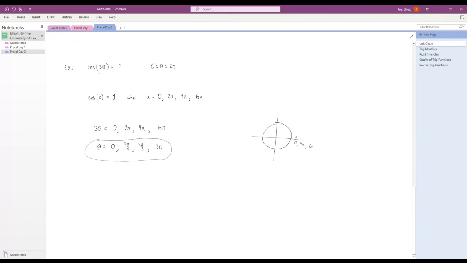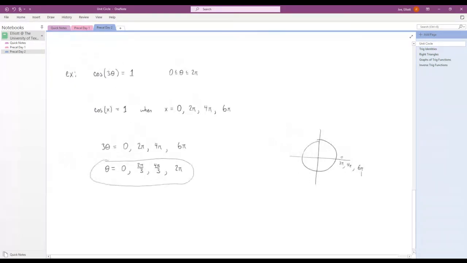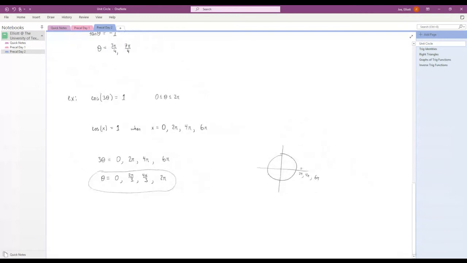Yeah, so the reason why we had to keep going around the circle is because if we just went around the circle once, then we would have just stopped at 2π over 3 for θ. So the issue is that's not all the possible values of θ between 0 and 2π.